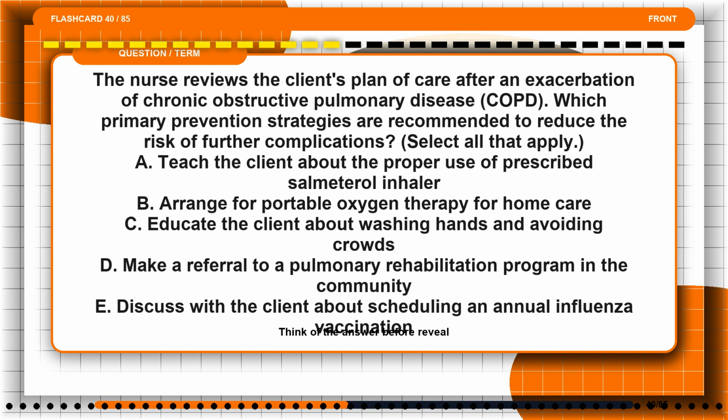B. Arrange for portable oxygen therapy for home care. C. Educate the client about washing hands and avoiding crowds. D. Make a referral to a pulmonary rehabilitation program in the community. E. Discuss with the client about scheduling an annual influenza vaccination. Think of the answer before the reveal.